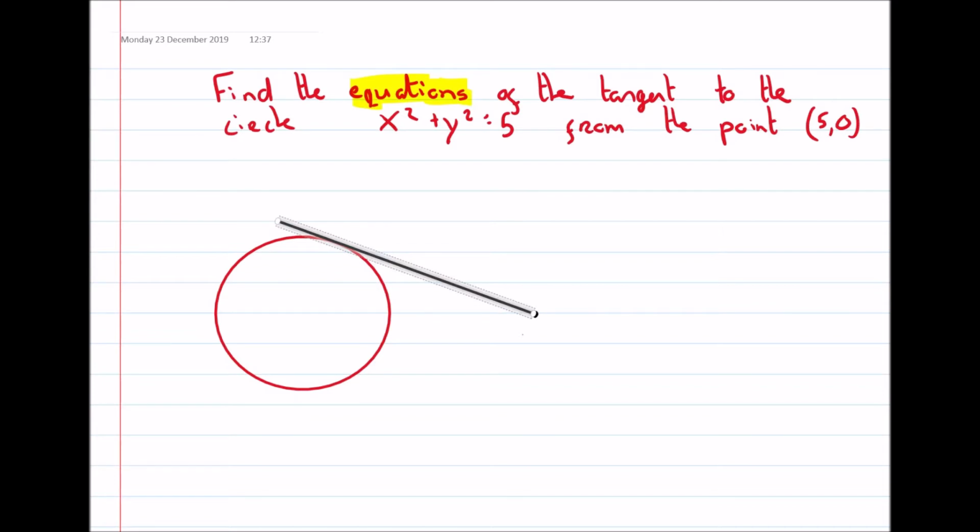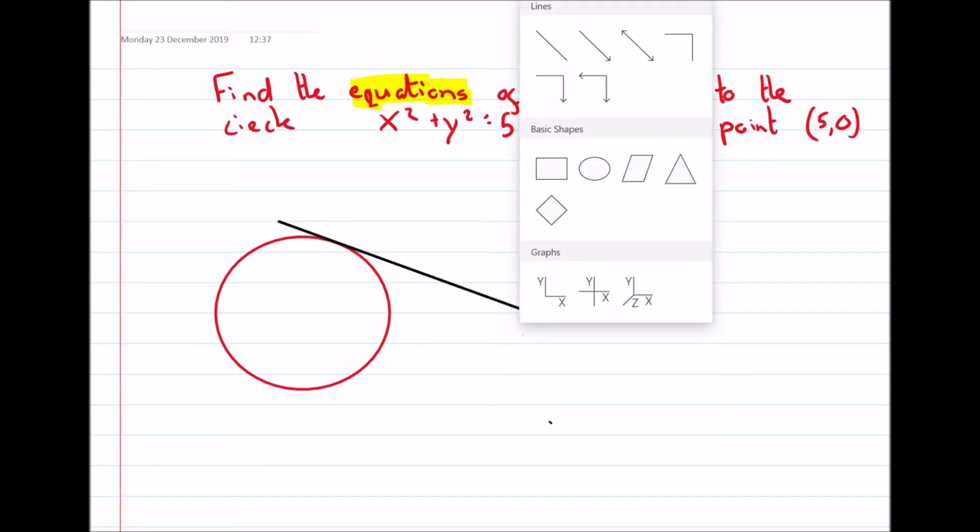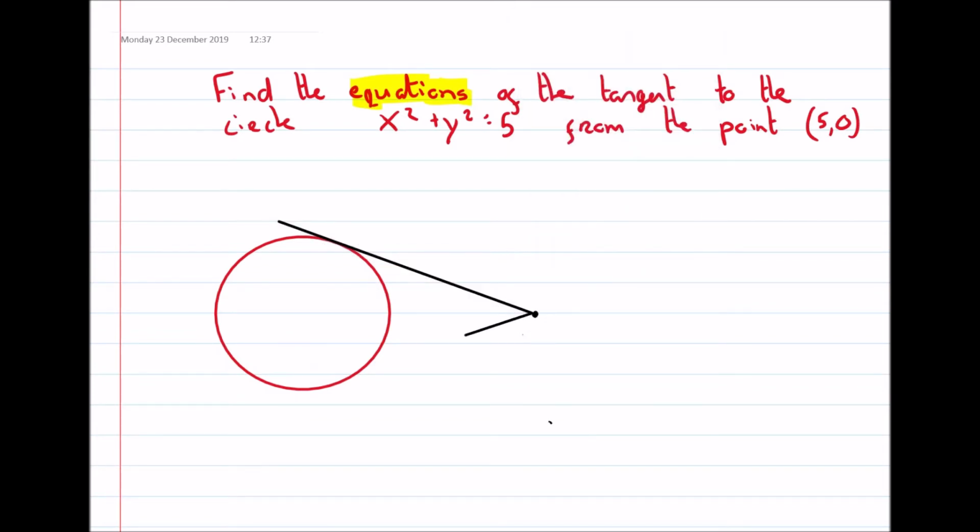So there. And here's the other. And this here is 5, 0, and note that this point here is 0, 0, and I want the equation of these two tangents.